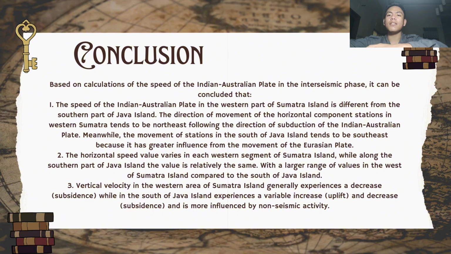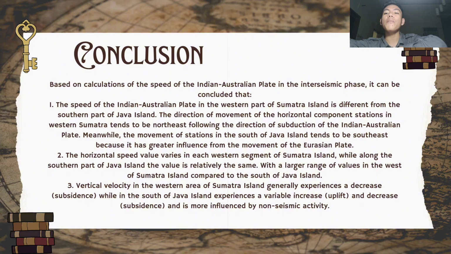And next is the calculation. Based on the calculation of the speed of the Indian-Australian plate in the inter-seismic phase, it can be said that, number 1, the speed of the Indian-Australian plate in the western part of Sumatra Island is different from the southern part of Java Island.